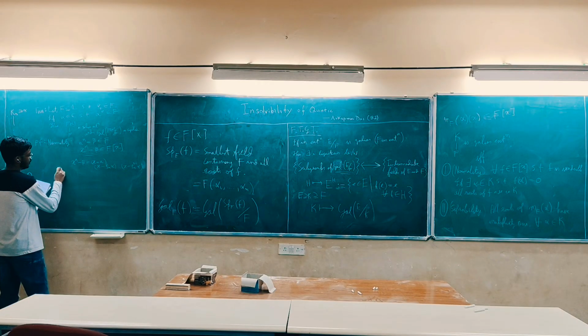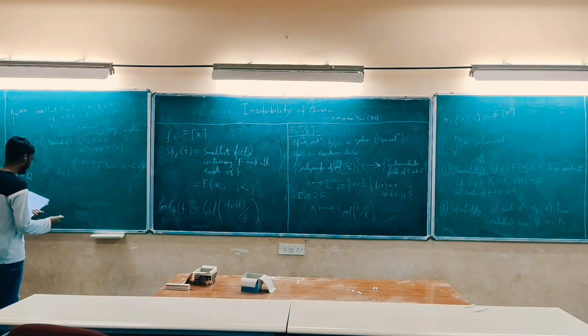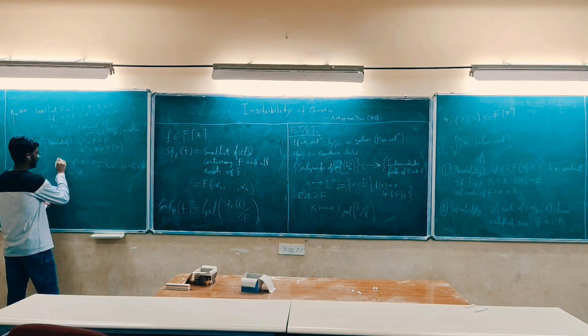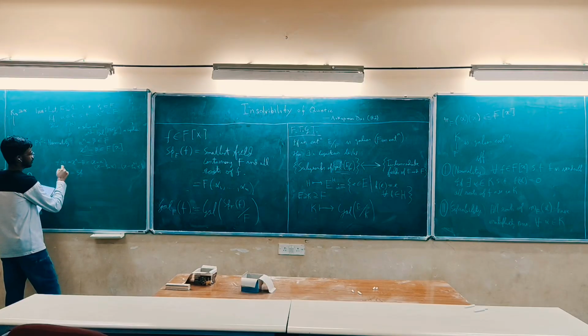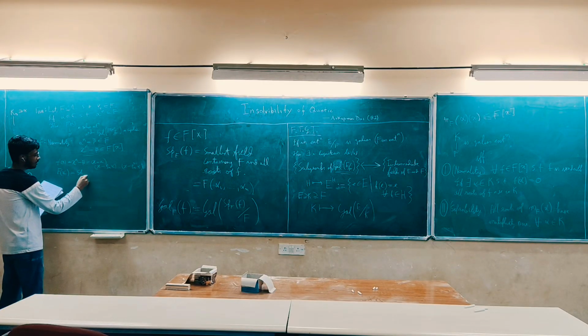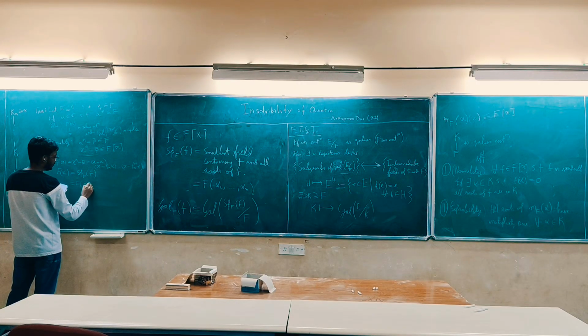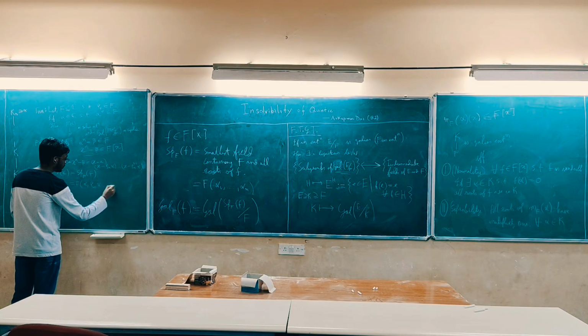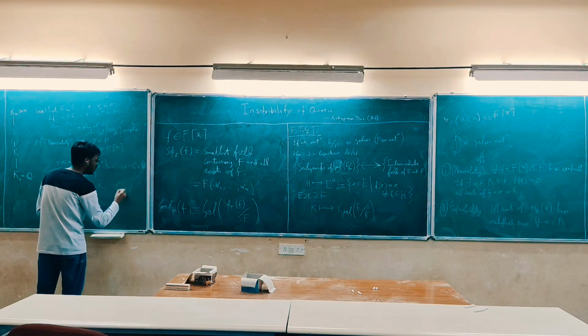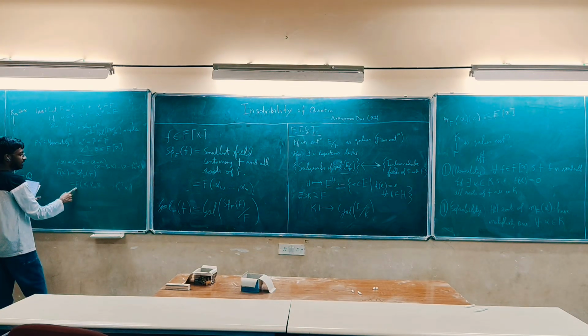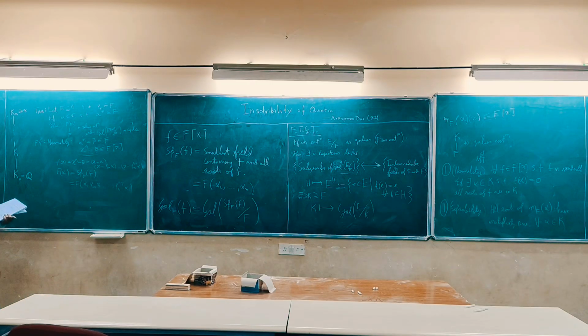So, what is F(alpha)? F(alpha) is basically the splitting field of f(x), this polynomial. Then this splitting field of F is equal to F(alpha, zeta), and zeta is already in F, so these two are the same.